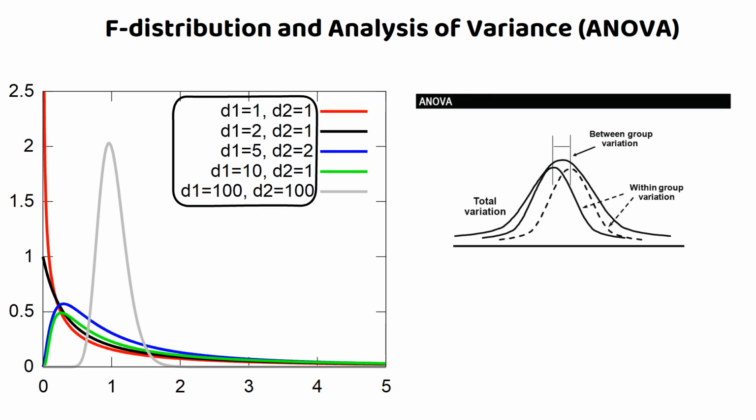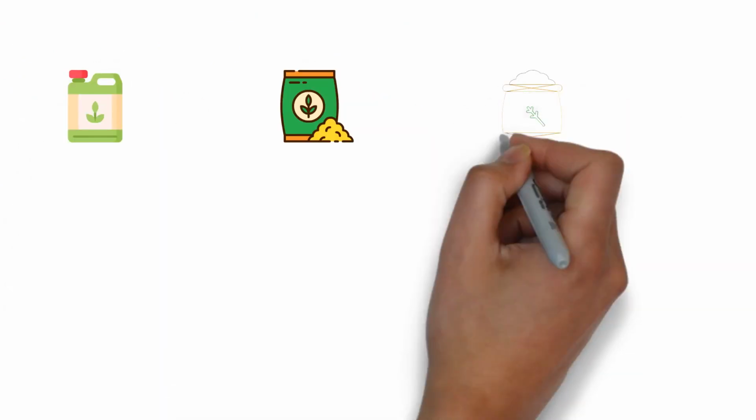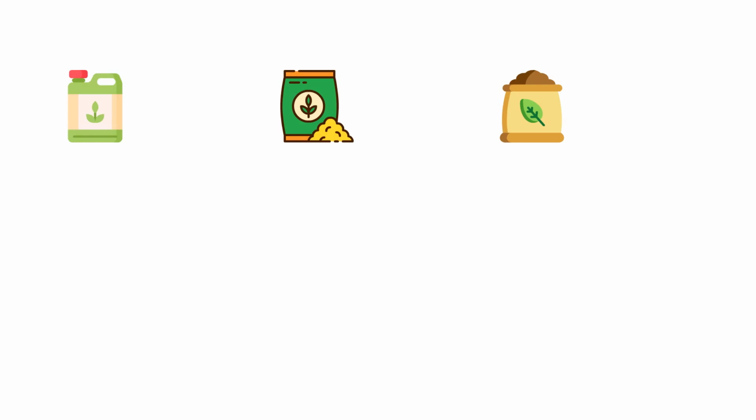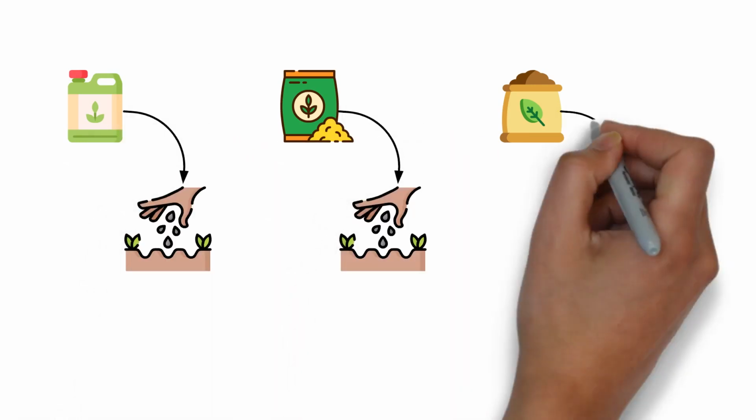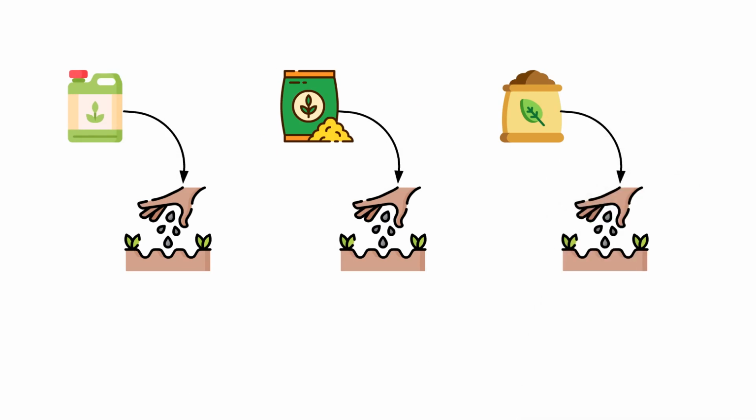The F-test is used to assess whether any of the group means are statistically significantly different from each other. For example, imagine a botanist wants to determine if 3 different types of fertilizer have different effects on plant growth. To do this, she plants 3 groups of seeds, giving each group a different fertilizer.